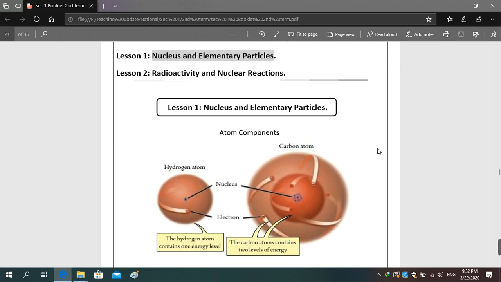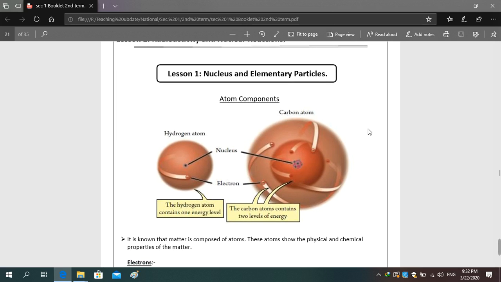As we know before, the atom has three main particles. The atom contains the electrons surrounding a nucleus, and the nucleus inside the atom contains both protons and neutrons.